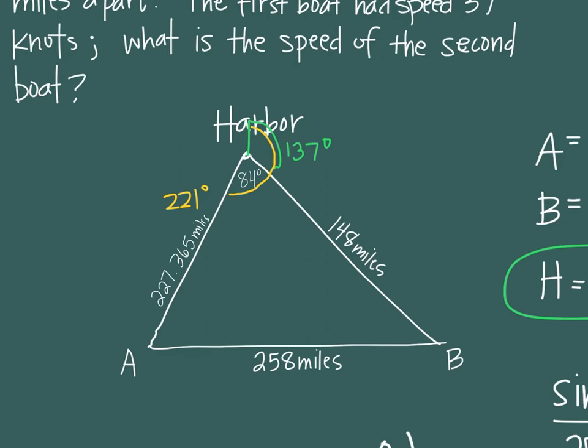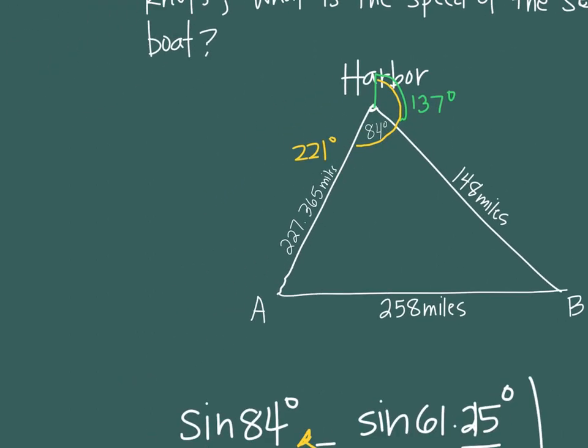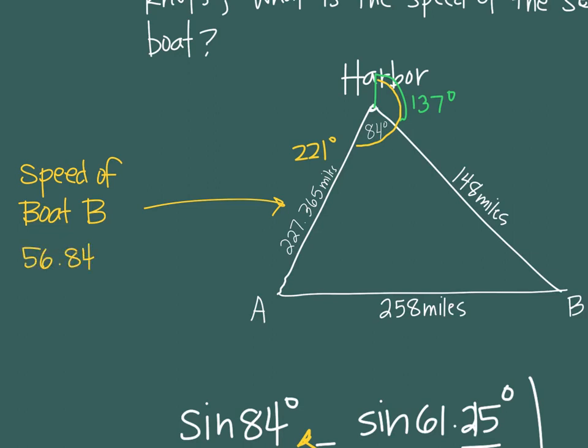What's the question? What's the speed? Okay, so it went that far in how long? 4 hours. So how do you figure out the speed? Divide it by 4. Okay, so let's take that number, divide by 4. So the speed of boat B should be 50, what? 56 point, does it work out evenly to 84?